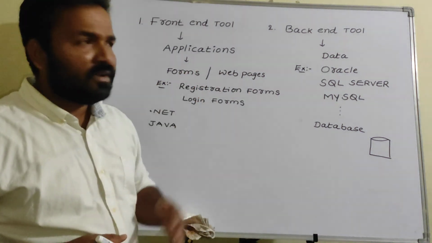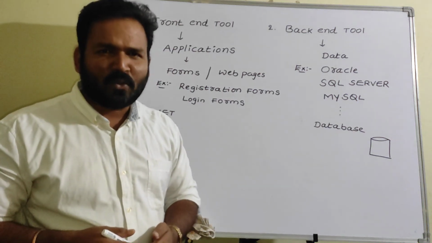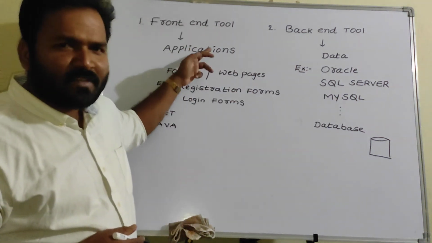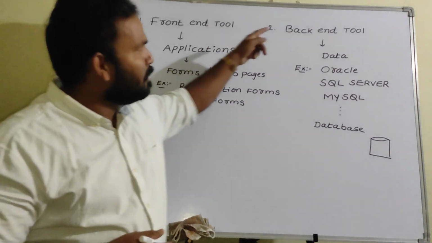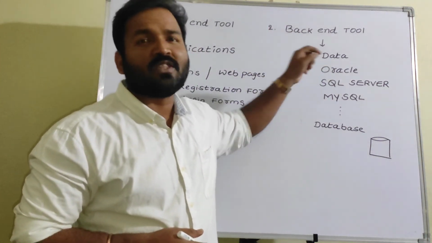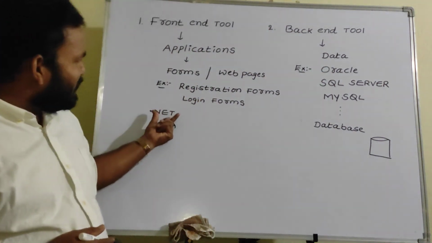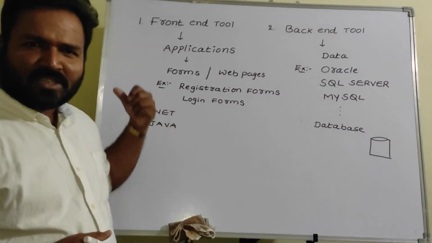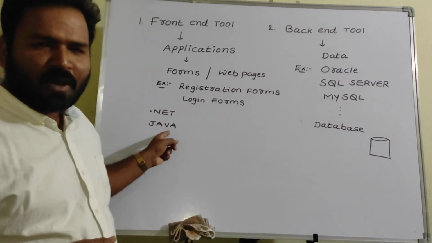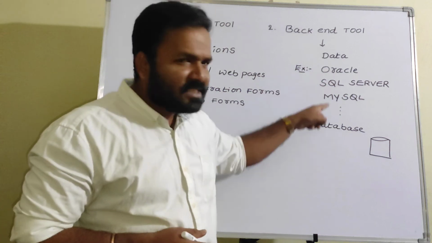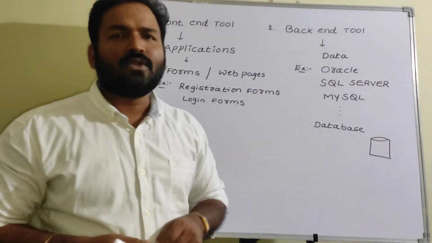One is front-end tool and the other one is back-end tool. Front-end tool is used to develop applications. Back-end tool is used to store the data. So these are the examples of front-end tools, .NET, Java. Next, these are the examples of back-end tools.